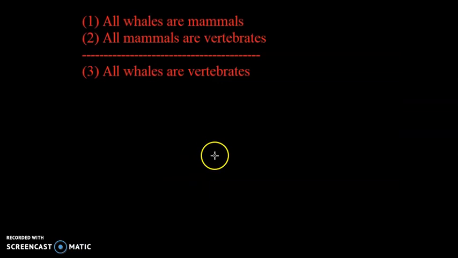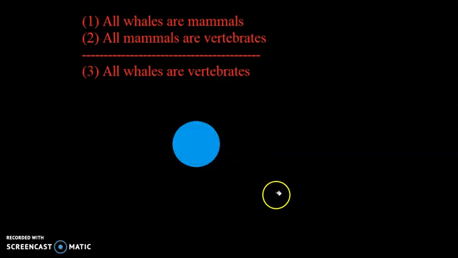So one way of thinking about this argument and getting yourself to intuitively appreciate that 3 follows from 1 and 2 is to think about it in terms of concentric circles. Let's suppose that we've got all of our whales collected here into this blue area. So this represents all of the whales. Now, if the first premise is true, it says that all whales are mammals.